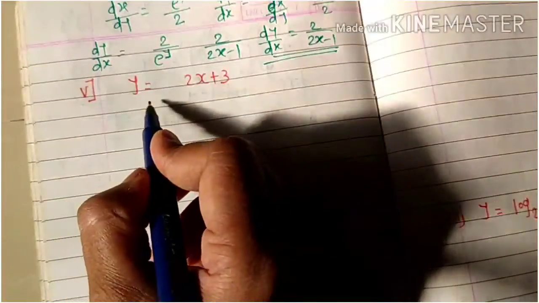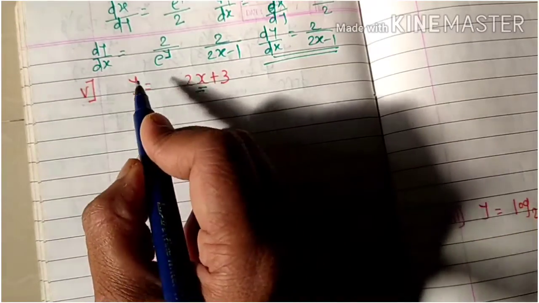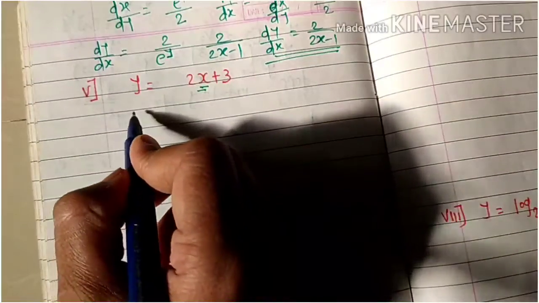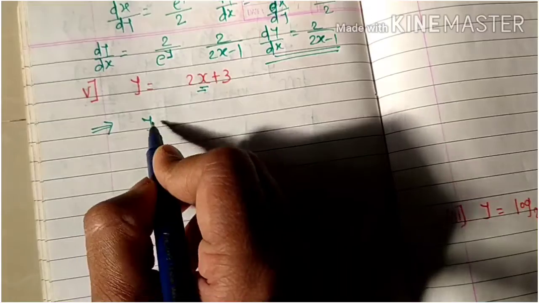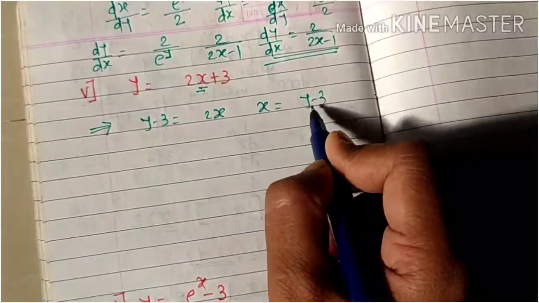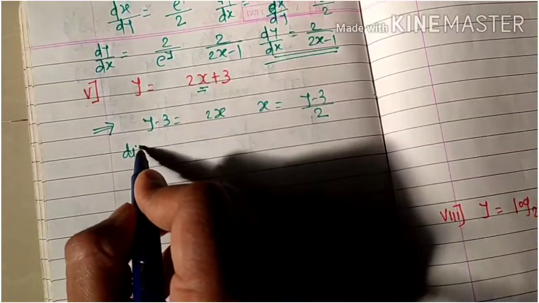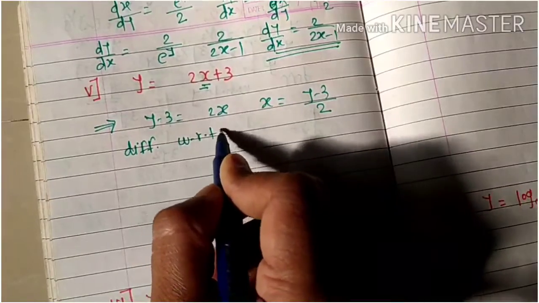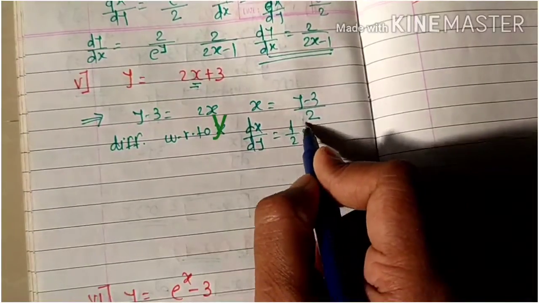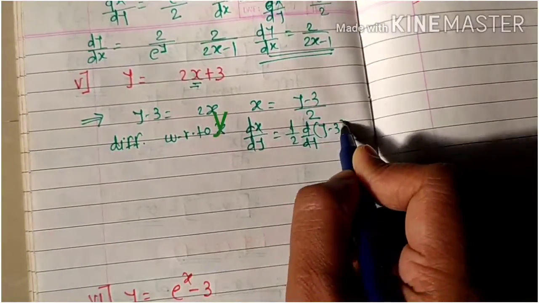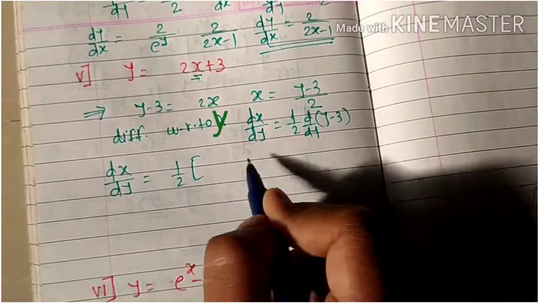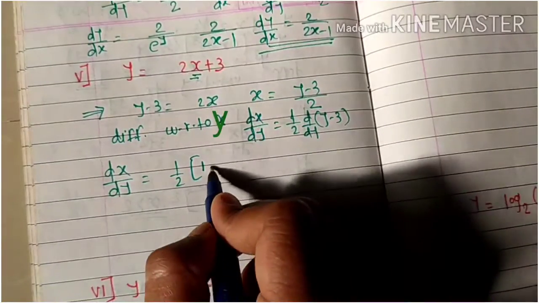Then for the next example, here also first express x in terms of y, because for each and every example of question 1 we have to express x in terms of y. From the first one, y minus 3 is equal to 2x, then x is equal to y minus 3 divided by 2. Then differentiate with respect to y: 1/2 is a constant, take it outside, and the derivative of y minus 3 with respect to y is 1, and the constant's derivative is 0.